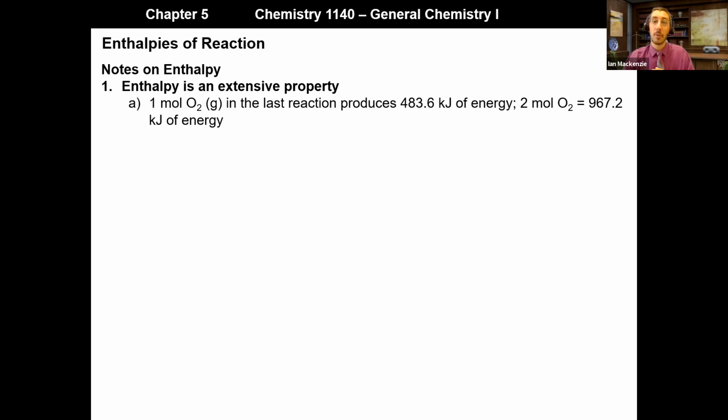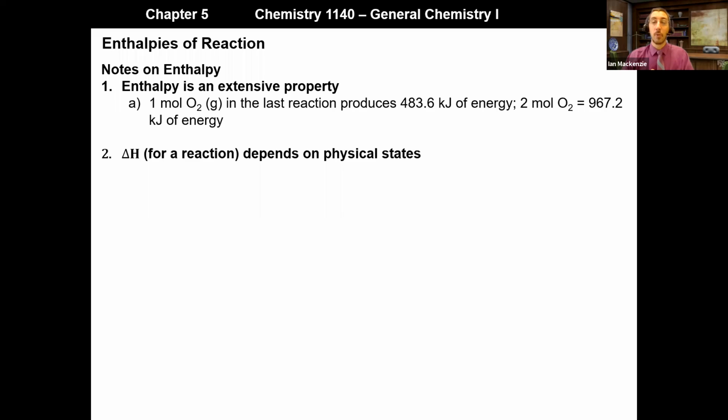And that allows us to write a new conversion factor, so we can relate the moles of a reactant to the amount of energy that's produced. But the point in this specific example is that enthalpy depends on the amount. If 1 mole produces 483.6 kilojoules of energy, then 2 moles of oxygen will produce 967.2 kilojoules of energy in that particular reaction.